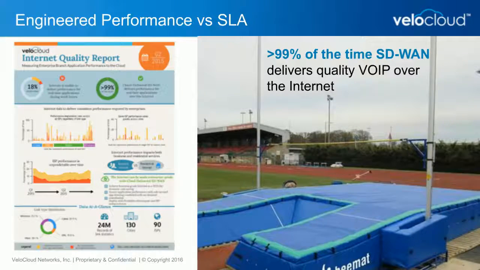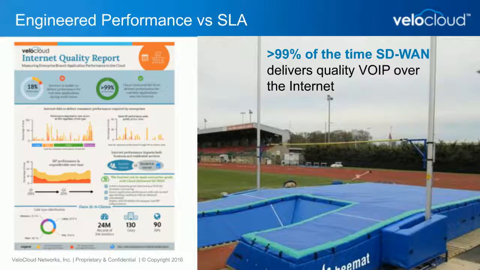Right, so enterprises can do this cross-resource optimization and give themselves the engineered performance, really picking that instead of depending on the SLA from a single provider. In fact, you can actually engineer a more robust network by engineering with SD-WAN the use of diverse circuits.